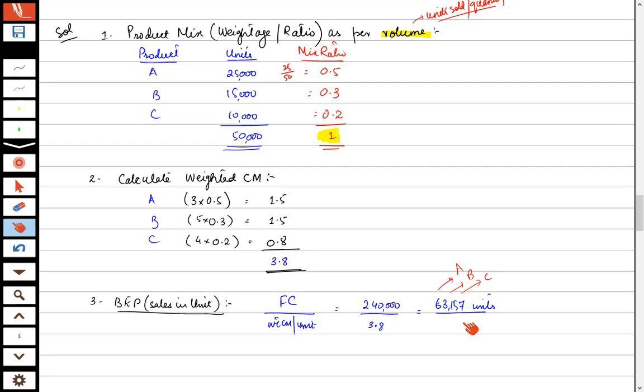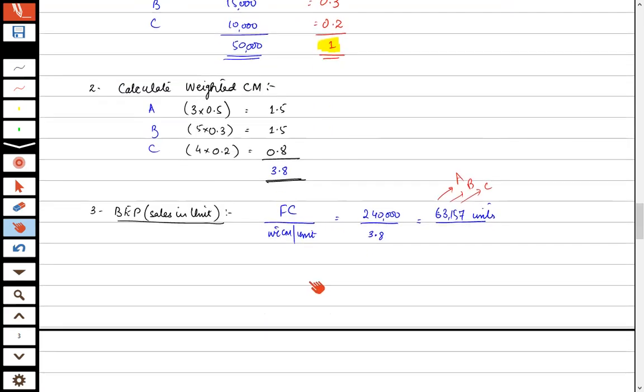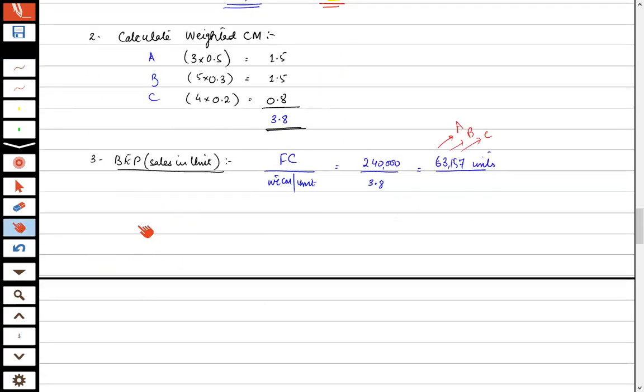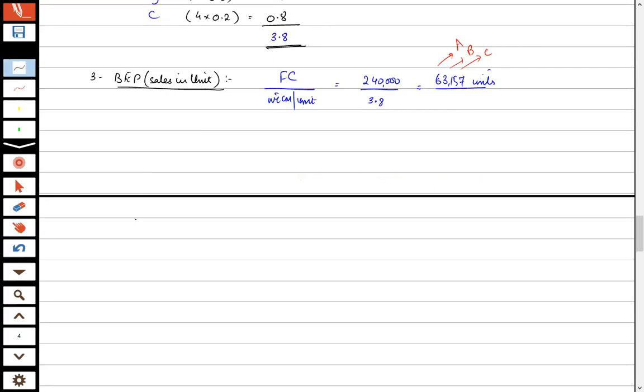No. Okay, now we will split these break-even points into the number of units. So we will write like this. Product A, B, C, break-even units.